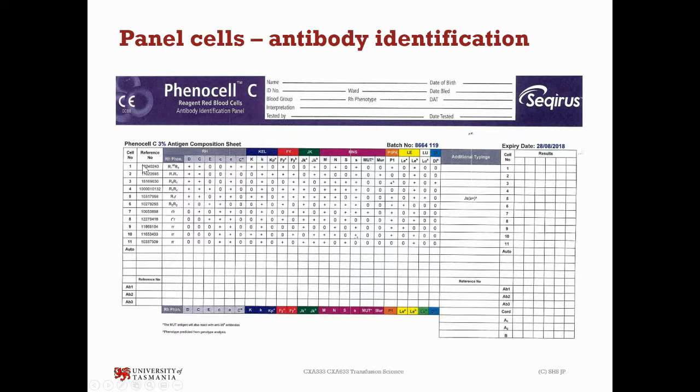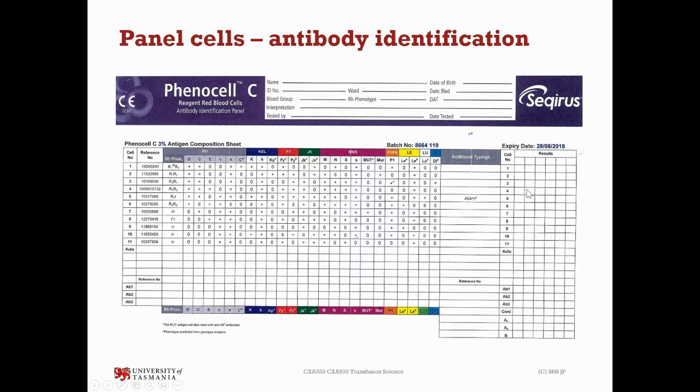Okay, and again you can see that instead of 3 cells we've got 11. And again, the same deal: the pluses indicate which blood group antigens are present on the red cells, and the zeros indicate where that antigen is absent from the red cell.